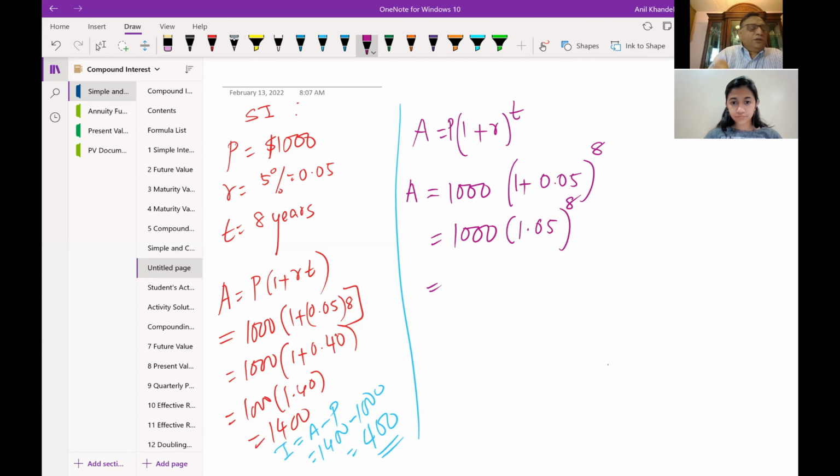So for another example, let me ask you one more question here. Now your question will be, let us say we have a principal of 10,000. It is going a little bit tough in compound interest than simple interest.